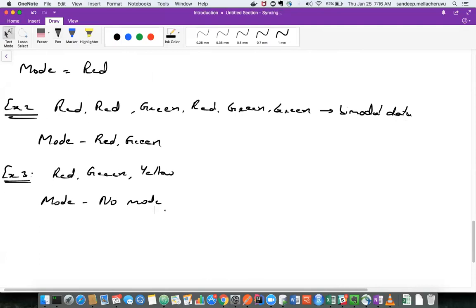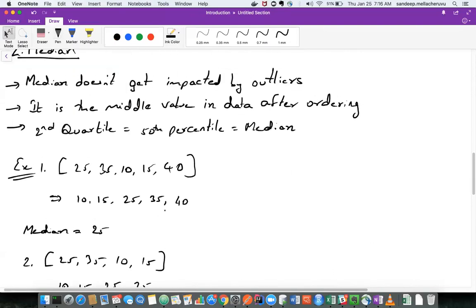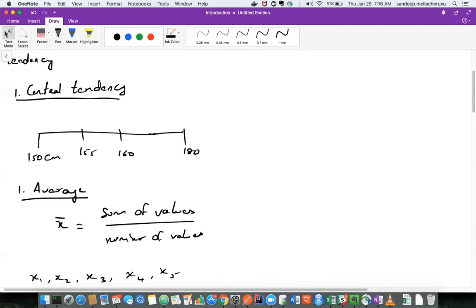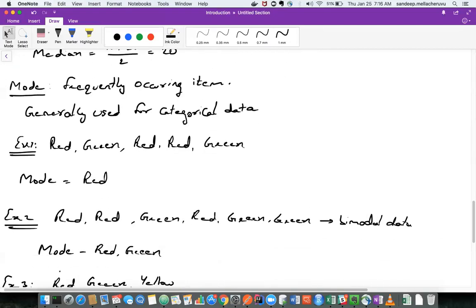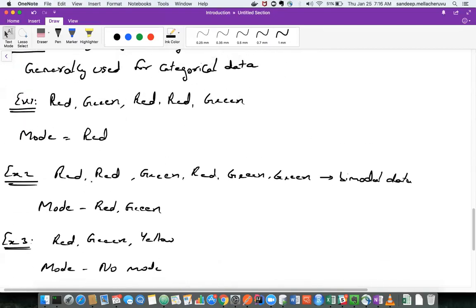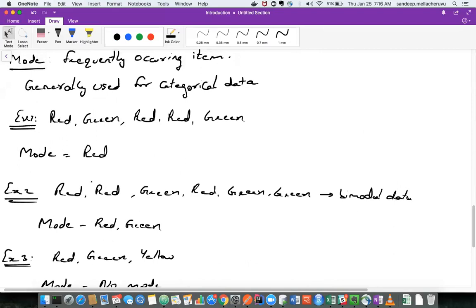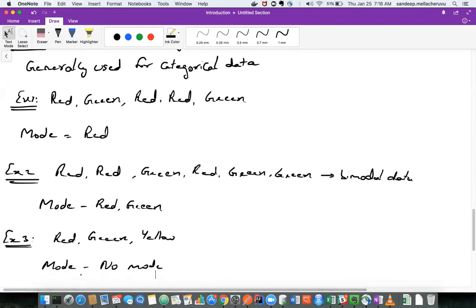Everything is different, right? Yes. So the average always exists, the median always exists, but the mode may or may not exist.